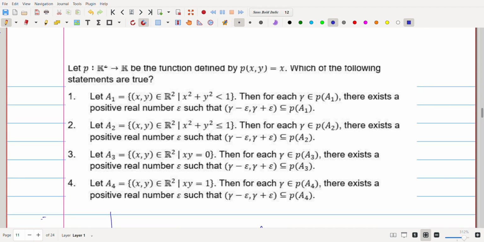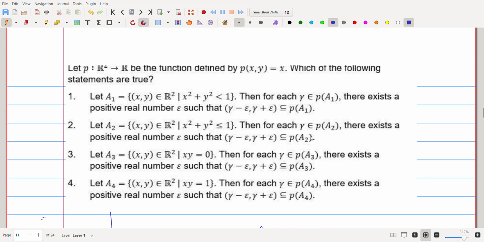And that is an open set. Hence this is true, because this is the definition. So see, here it is saying that for each y belongs to this image, there exists a positive real number epsilon such that this holds. That will imply that P of A1 is an open set.